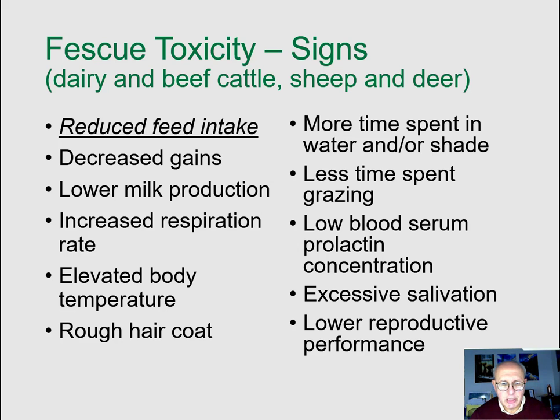Some definitions. First of all, the presence of this endophyte within tall fescue causes animal problems, and this is a long-standing fact, but yet on the other hand, in my lifetime we have discovered exactly why.